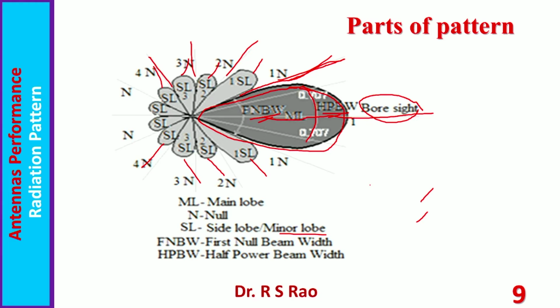Before going further, one point is required to be mentioned here. As it is, we are seeing a two-dimensional plane pattern. The actual three-dimensional space pattern can be obtained by rotating this pattern around its axis or around its boresight by 180 degrees.